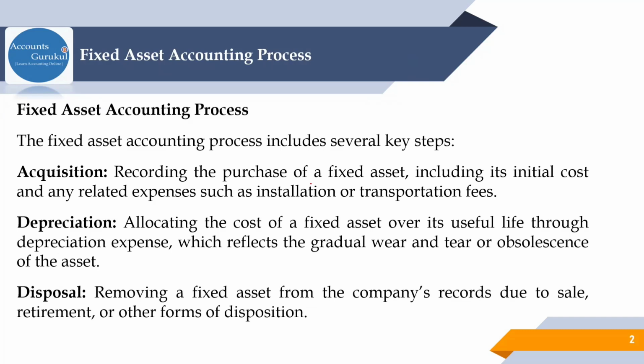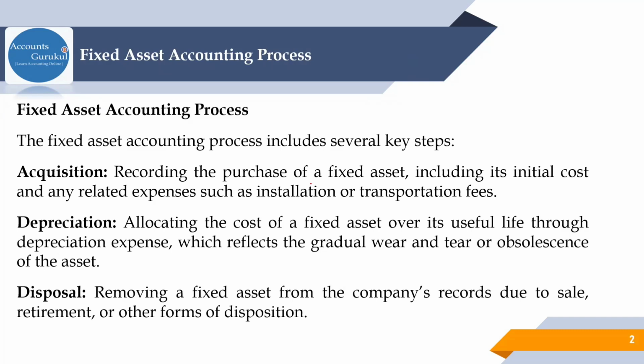Here, if we purchase any asset, we have done the capitalization for that, and after the capitalization, before reaching the end of the life of that asset, we decide to dispose of it, and there might be different reasons for that.